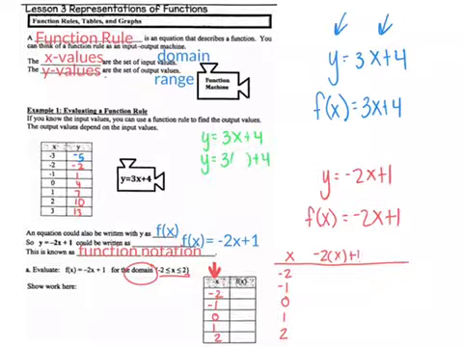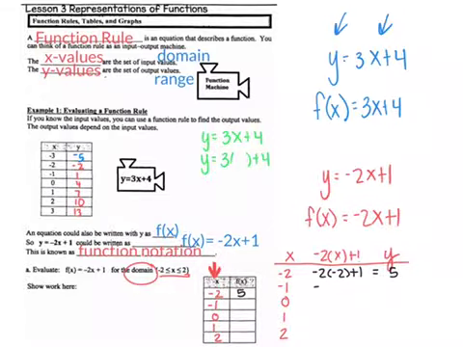There we go. And I know where I want to end up, right? I'm trying to get those y values, those outcomes. So let's start with negative 2. If I plug in a negative 2 and solve, this would be positive 4 plus 1, which is 5. So when we input a negative 2, the output is positive 5.